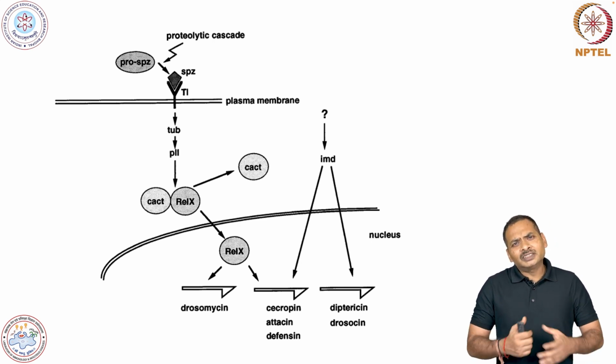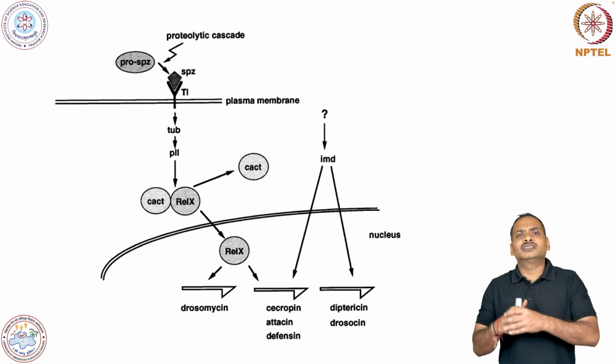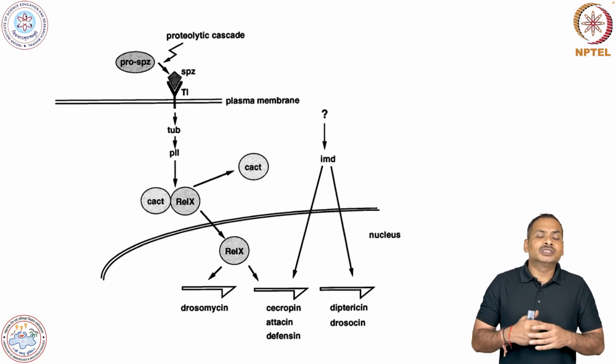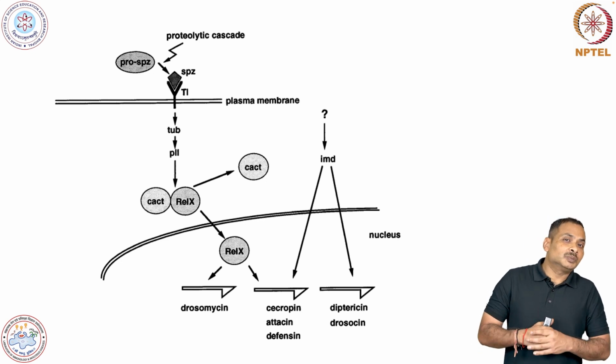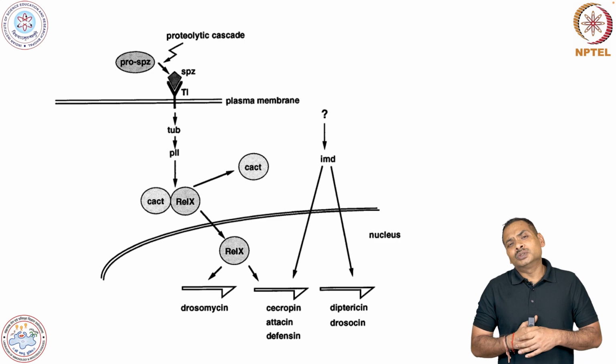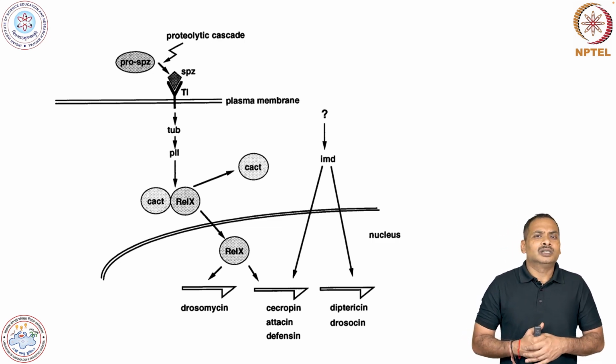He also suggested there are two pathways, one is this Toll pathway and the other is the IMD pathway. The IMD pathway uses another transcription factor known as Relish, and that results in the expression of another set of antimicrobial peptides.